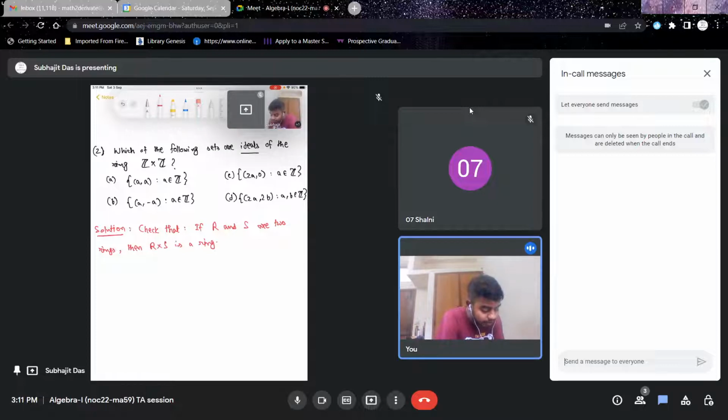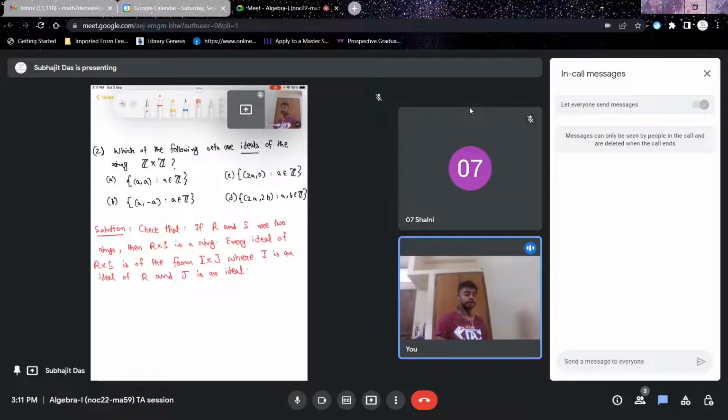Now the point is this, that every ideal of R cross S is of the form I cross J, where I is an ideal of R and J is an ideal of S. So this is really true in the case of rings. It wasn't true in the case of groups, but it certainly holds in the case of rings.